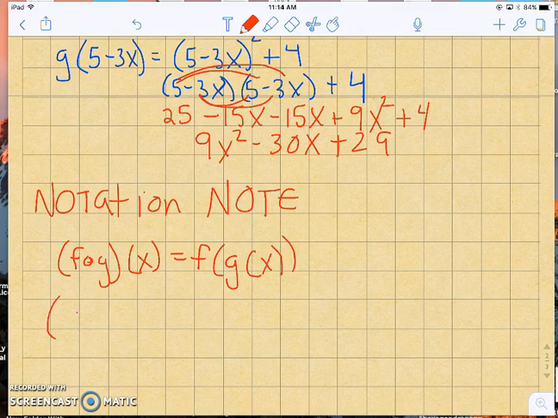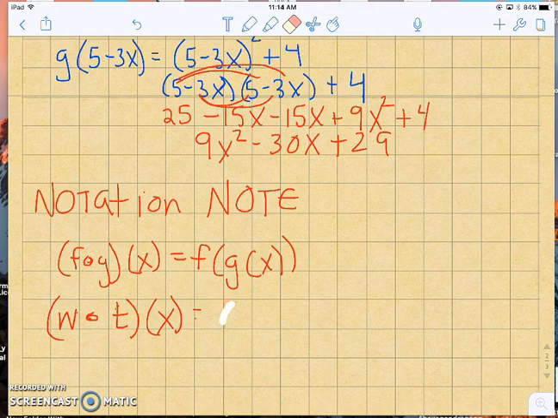And it could be any letters. You might have w circle t of x. That would be w of t of x, the composition of those.